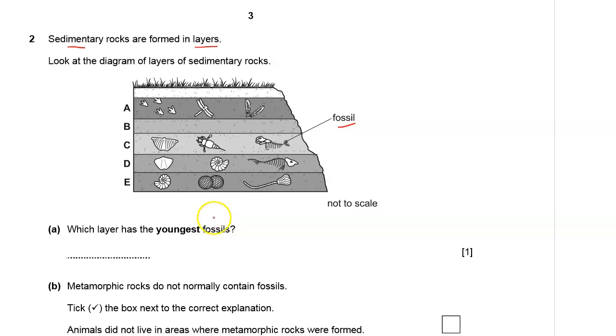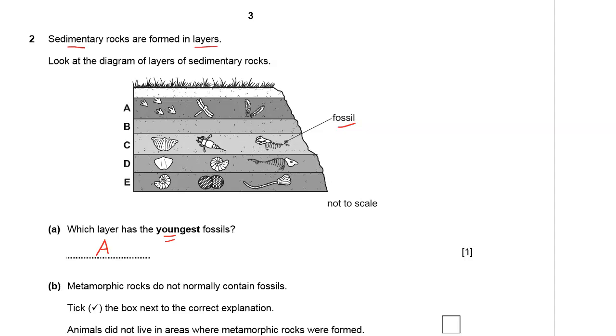The diagram is not drawn to scale. Part A, which layer has the youngest fossils? Of course, the layers are due to passage of time. So we have fossils in each one of these layers. So layer A has got the youngest, the one that has been buried recently.